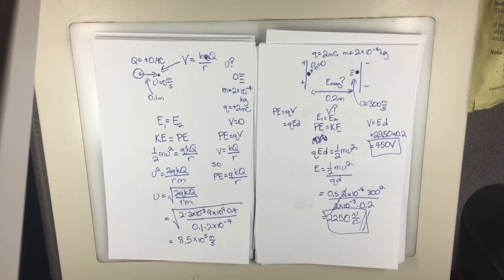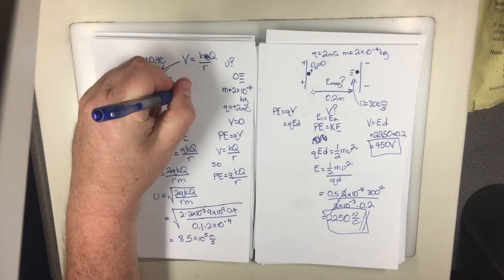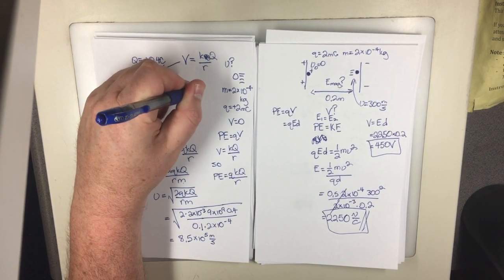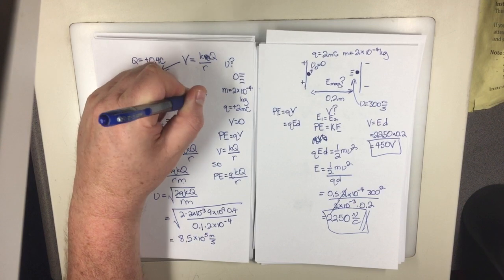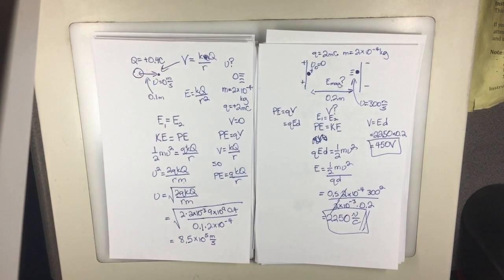Does that answer? Okay. So is it only KQ over R squared when you're finding the E field? E field, KQ over R squared. Now, had I asked for the E field at that point, I guess this one right here, I would say that's an appetizer problem. To make it a real problem, I would say, well, what's the E field at that particular point? And then you would just go E equals K Q over R squared.